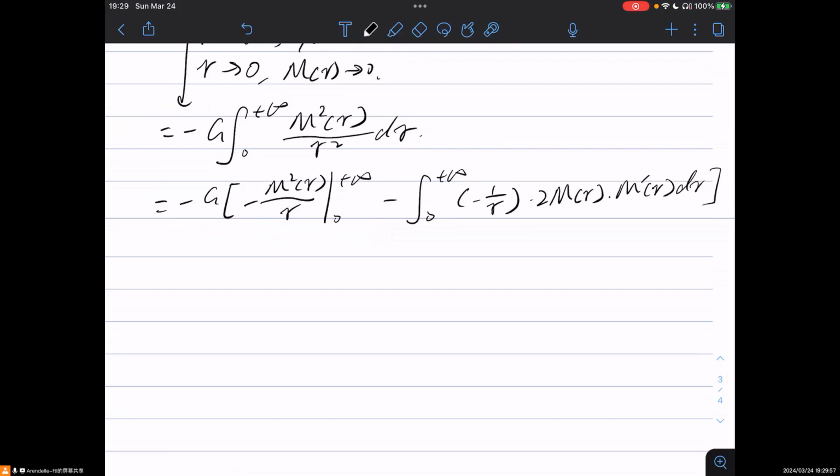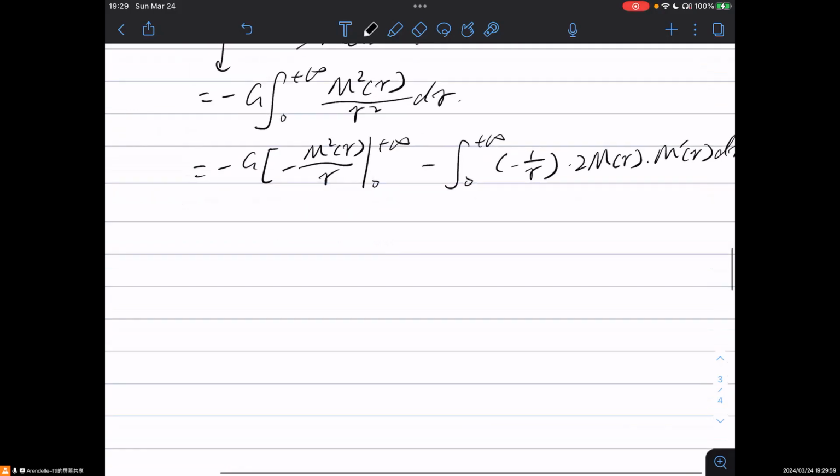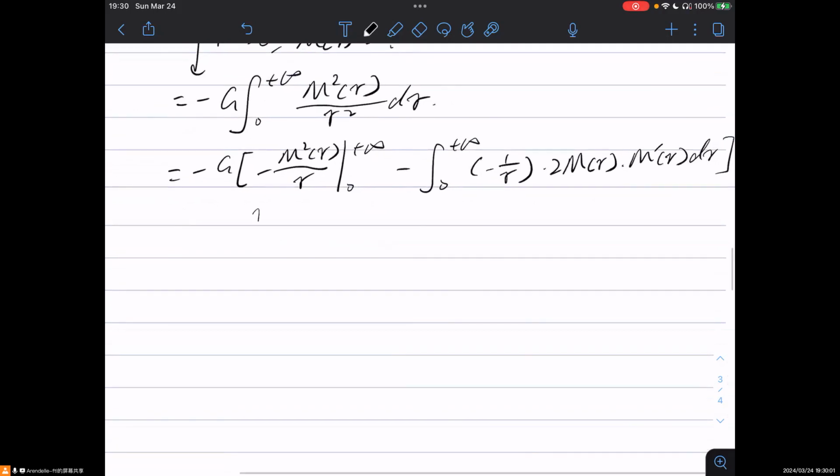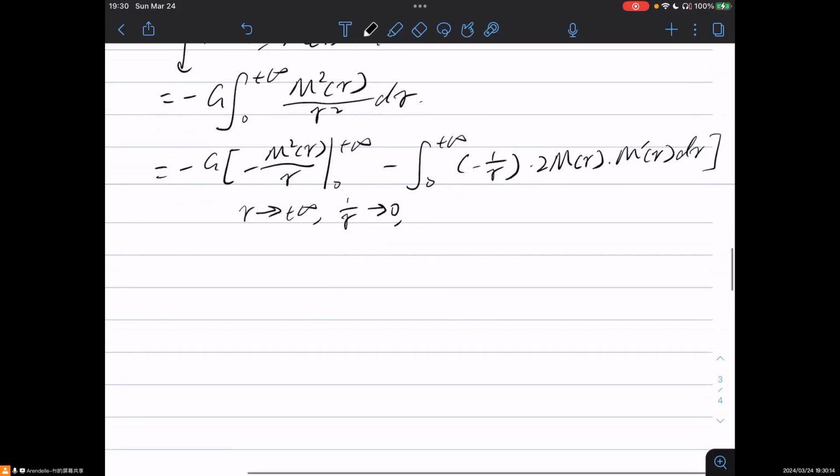Now use the boundary condition again. When r tends to infinity, 1 over r tends to 0. And when r tends to 0, m(r) is proportional to the third power of r, so m squared(r) over r tends to 0.